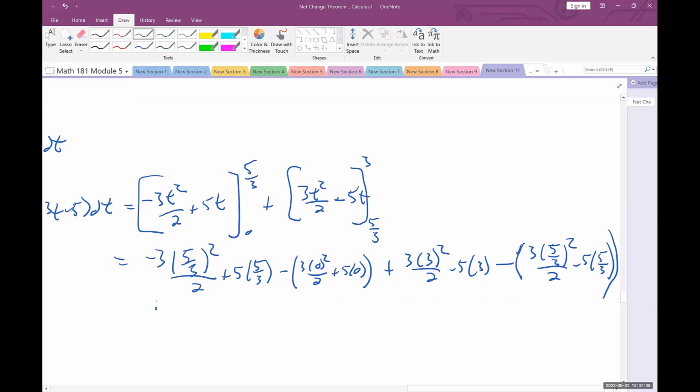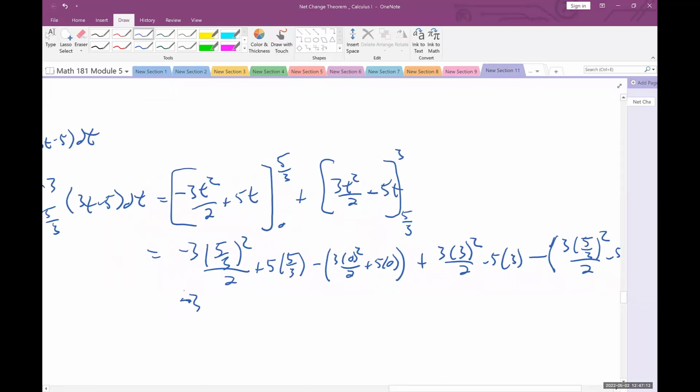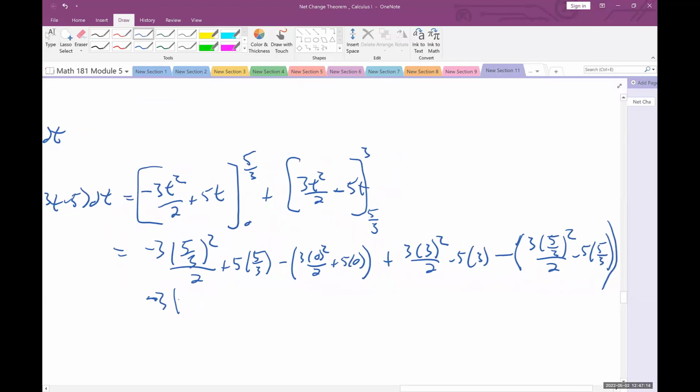Okay, so this is negative 3 times 25 over 9 divided by 2, plus 25 over 3. That's an interesting result. Then we have minus this next part, that's 3 times 0 squared, that's 0. And 5 times 0 is 0, so we could just call that all 0.